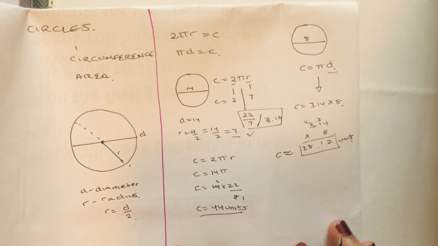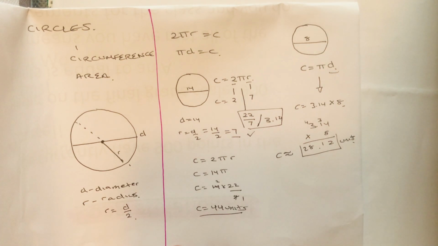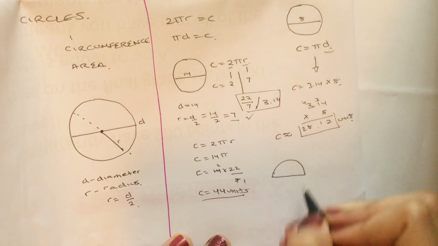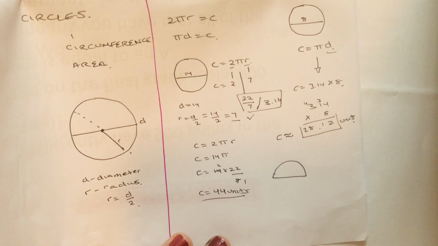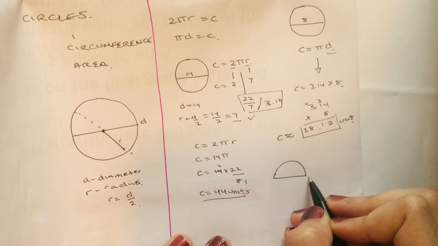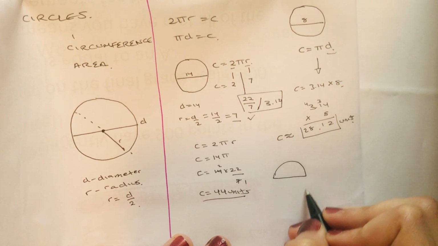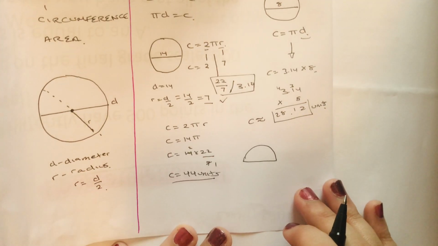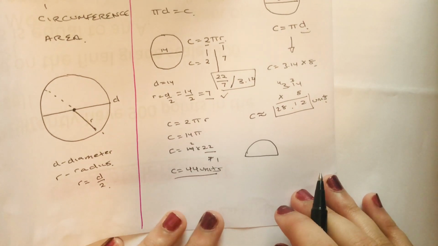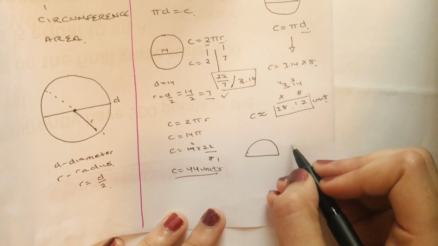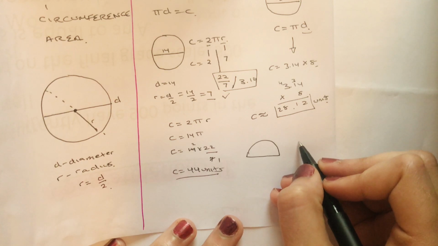Now there's something that you need to think about. What if you're given a semicircle? How would you find the circumference of a semicircle? Because you're going halfway there, okay? And then instead of going round, you're just cutting it off in the middle. So the first thing you need to do is, for example, you take the formula for a full circle, that is, let's say pi d, okay?